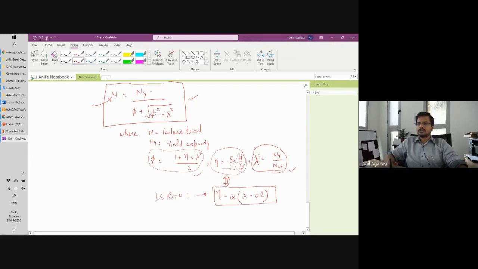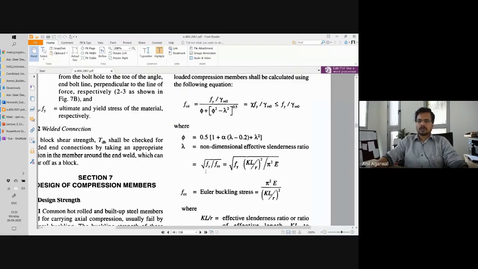But for any given column in the field, you would not know the maximum imperfection in the column, because we are proposing a design equation. So based on a lot of empirical data, they came up with this equation, wherein they said that if eta is taken as alpha times lambda minus 0.2, we are good enough. Then we can substitute this eta value and use the rest of the equation to calculate the column capacity.